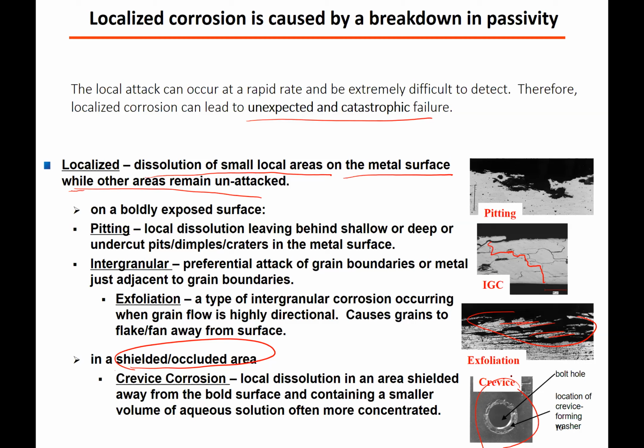So you see this where you have rivets or bolts on, let's say, ships, airplanes, where there are lots of these parts, you could really concentrate that environmental corrosion and basically expedite the rate of corrosion. And typically that is quite catastrophic.